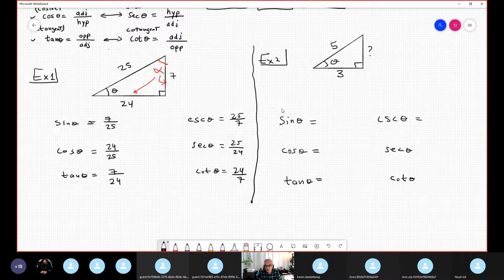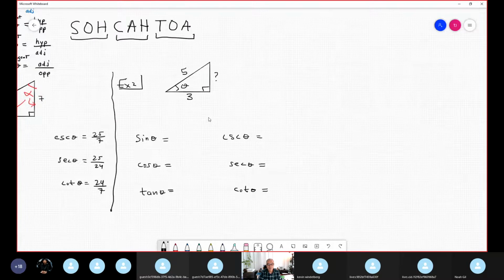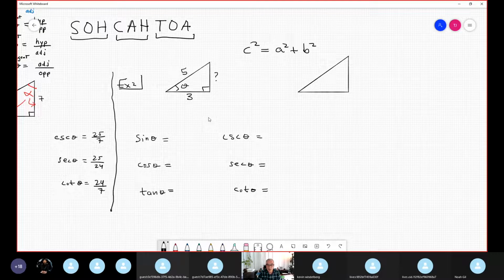Because I know very well the correspondence between sine and cosecant, cosine and secant, and tangent and cotangent. In example 1 we had the 3 sides, but in this one, no. But we can apply the Pythagorean theorem: c squared is equal to a squared plus b squared. In a triangle, the legs I call A and B, and the hypotenuse C, always.